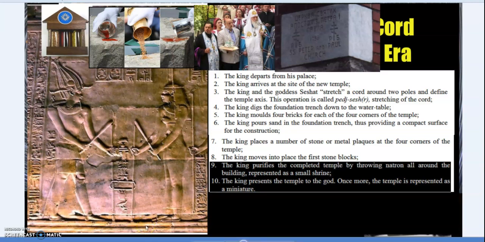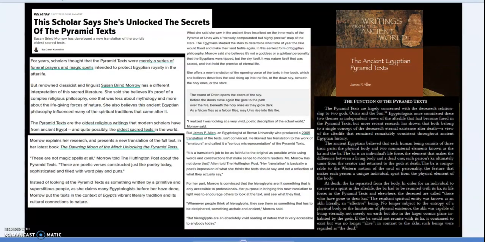So the stretching of the cord ceremony of Seshat has many parallels, continues with stonework, masonry, and the symbolic aspects of that. It is through the records that are left to us, such as those describing Seshat, Heliopolis, and the pyramid texts, that we can make this connection. Essentially, Susan Bryn Morrow is, I would say, 100% spot on.